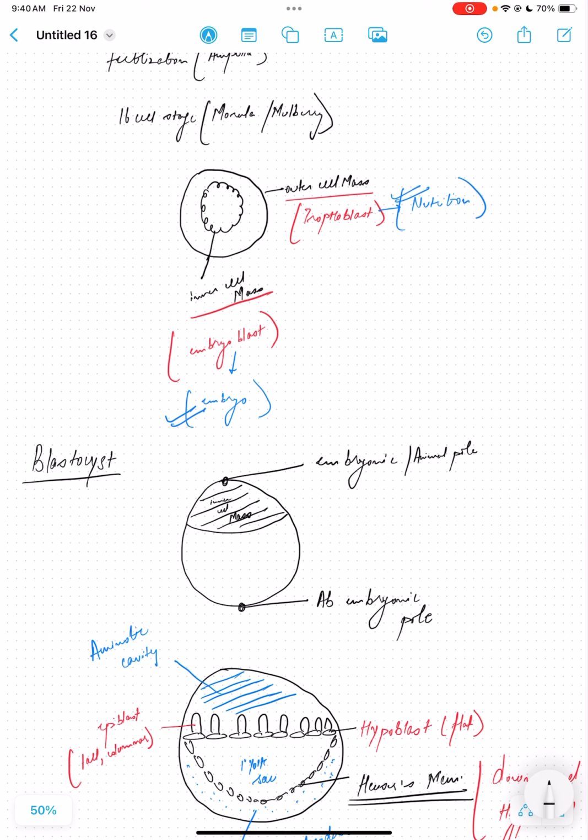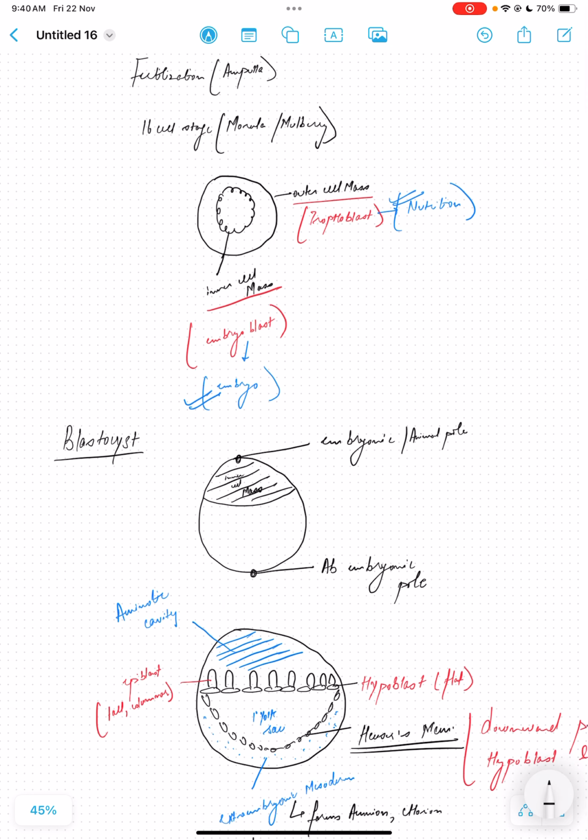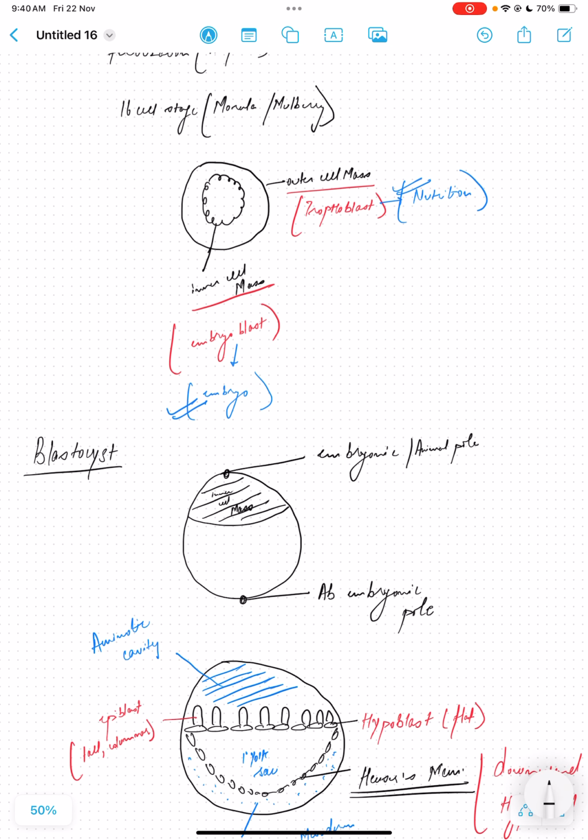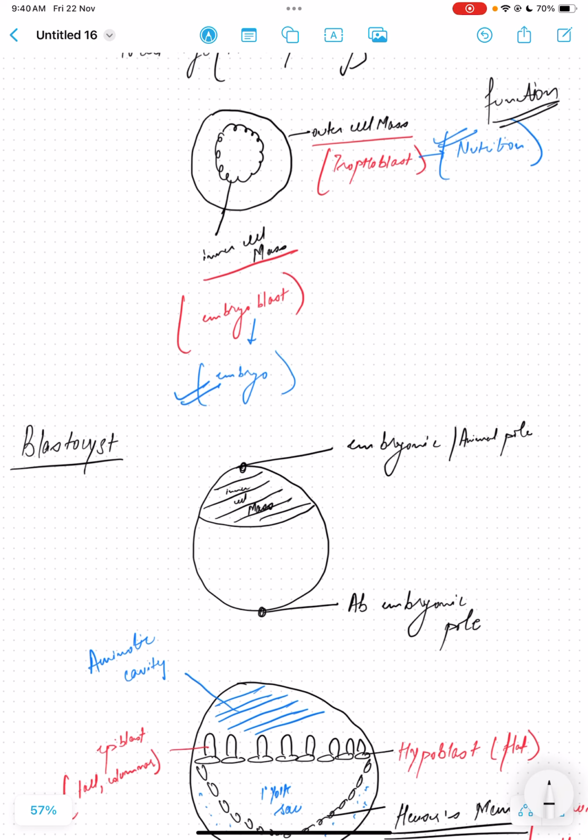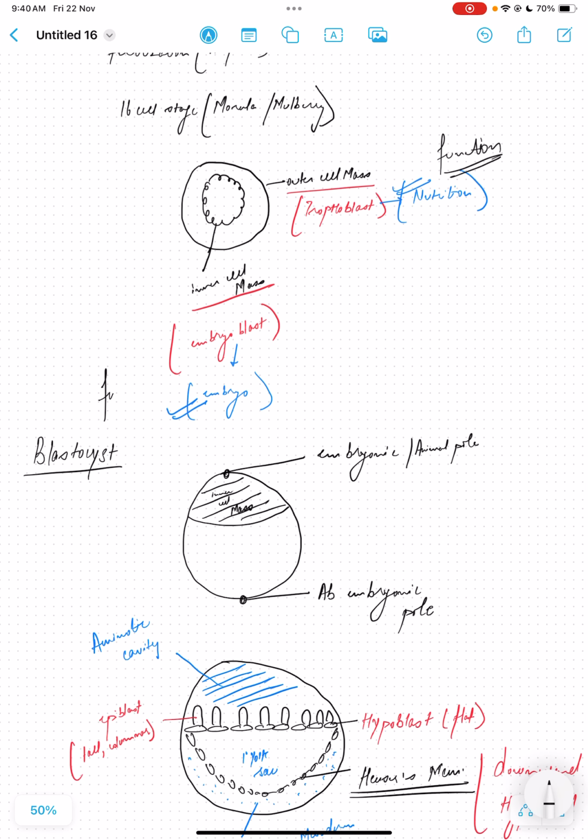First of all, fertilization occurs in the female genital tract in the ampulla. The 16 cell stage is called the morula. Towards the outside we have trophoblast, and in the inside we have our embryoblast. The function of trophoblast is to provide nutrition for the developing embryo, and the function of embryoblast is to form the embryo.